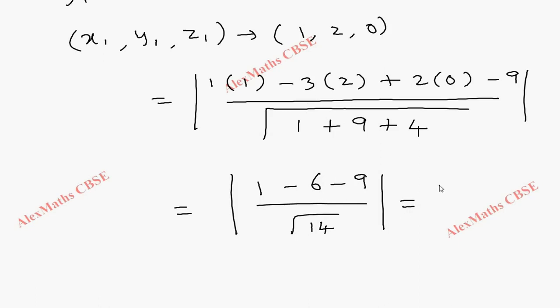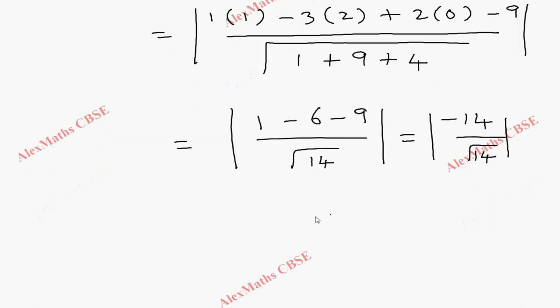Now the numerator is minus 14 and the denominator is root 14. Since it is within the magnitude, we can take only the positive value, 14 by root 14, and after cancelling we get root 14. Since it's the distance, we have to write root 14 units.